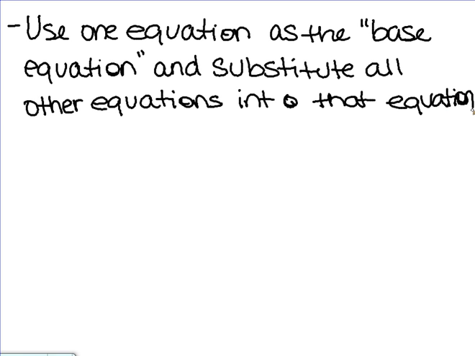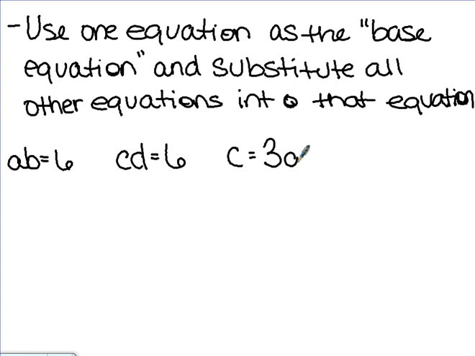All right, so let's look at an example. Our equations are AB equals 6, CD equals 6, C equals 3A, and D equals 2 minus B. In this example, I'm going to choose CD equals 6 as my base equation.